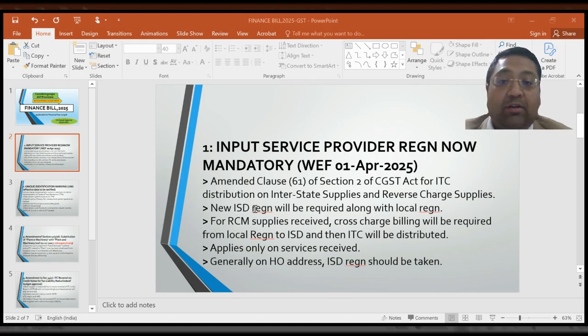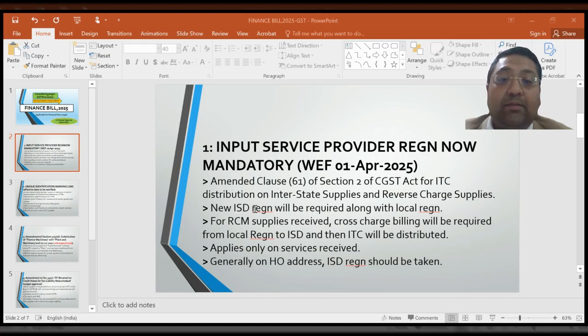This means that an organization has to issue cross charge billing from their local GST registration to ISD registration before distributing it. This is in case of RCM.